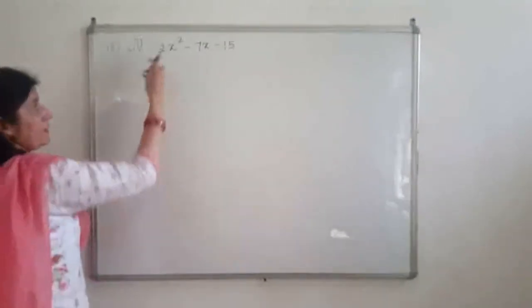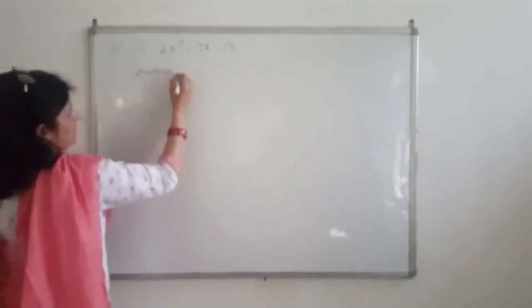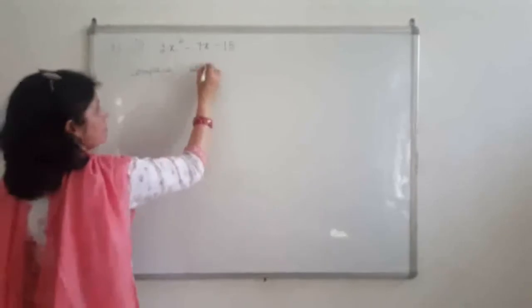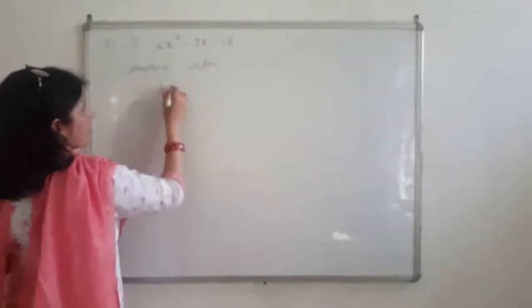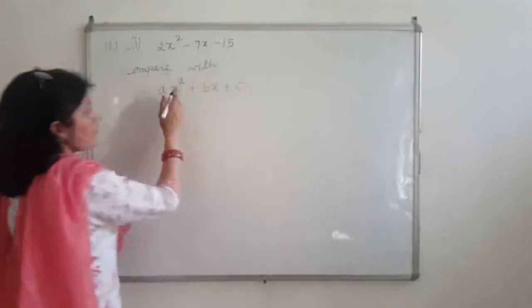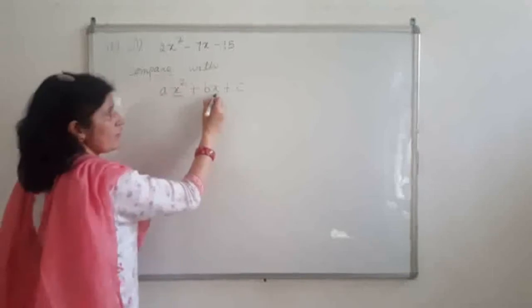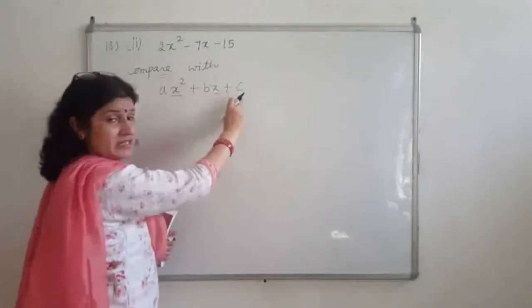So we will compare the given equation with ax square plus bx plus c. Means coefficient of x square is a, coefficient of x is b, and constant term is c.